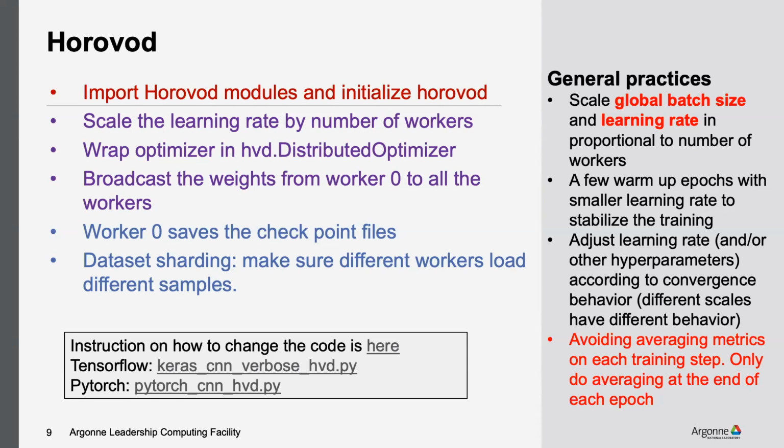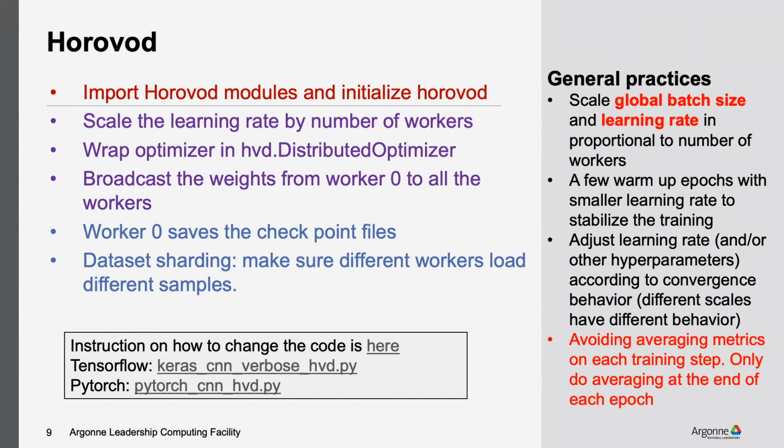But basically, if the batch size when you're doing single GPU is, for example, 16, and now you go to 1000 GPUs, you just keep the local batch size the same, that's 16 per GPU, right? That means the global batch size will be 16 times 1000. And the learning rate also just scales linearly with the number of workers.